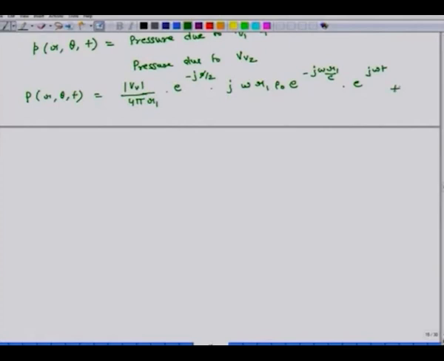So, this is my complex pressure due to the first source, plus now I have the complex pressure due to the second source. So, instead of R1 I now have R2.